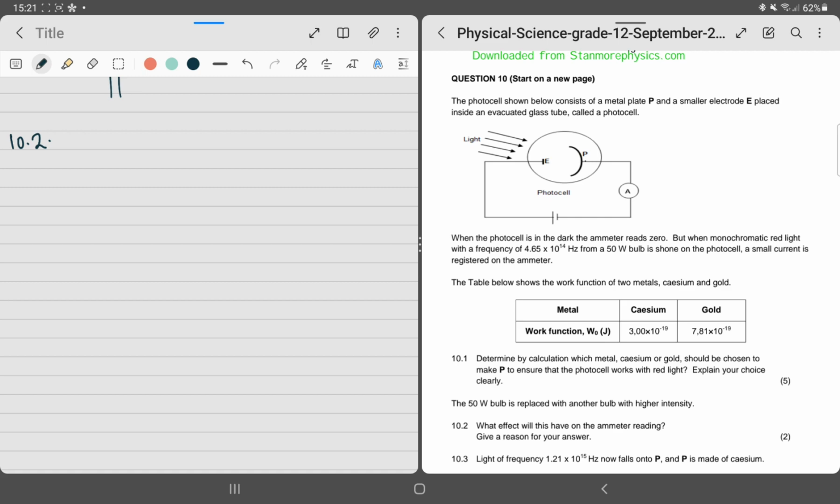What effect will this have on the ammeter reading? So the ammeter reading will increase.